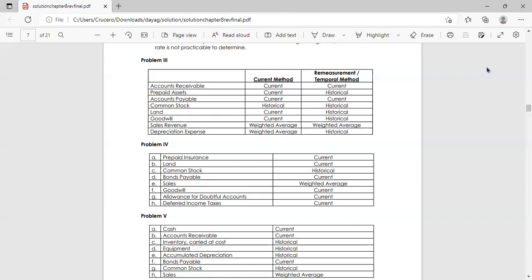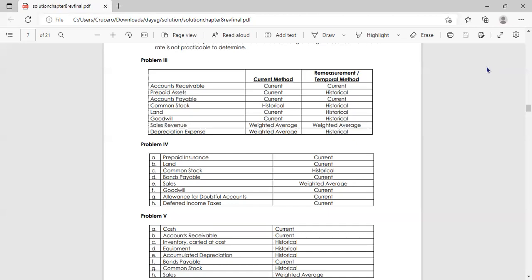While inventory, which is a non-monetary item, on page 706. And remember that inventory being non-monetary, and we are now using method number 2, so we use the historical rate, the same with equipment.